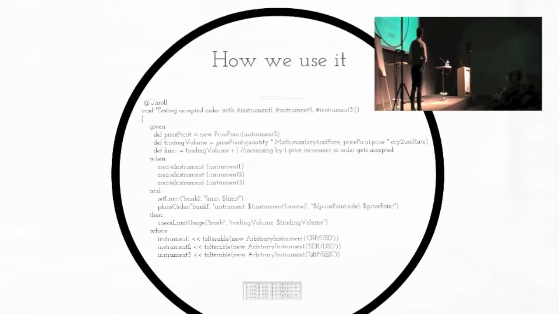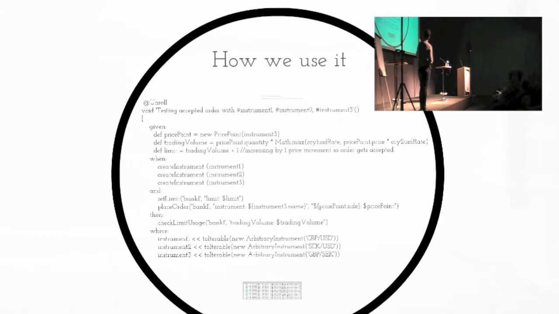Moving on, this is the test. So 50 tests can be summarized with this shape. And this is Groovy, which is a scripting language over the JVM. And you have the given-when-then. And the most important bit is where I define the limit, where you say the trading volume plus 1.